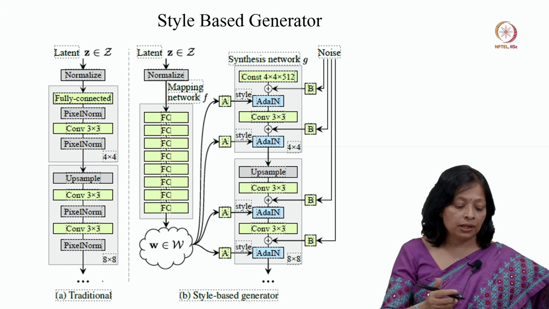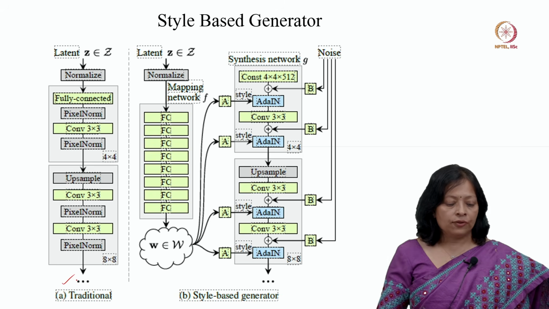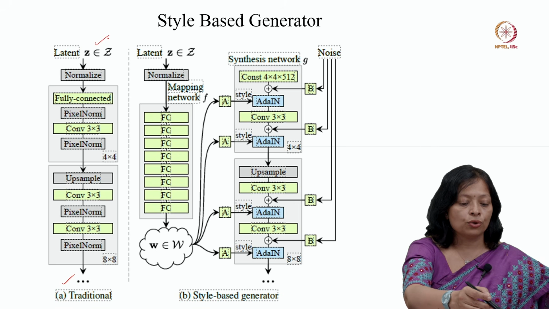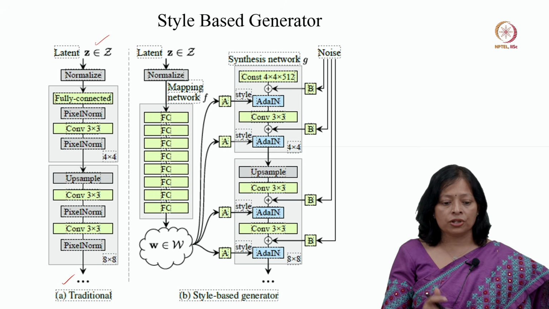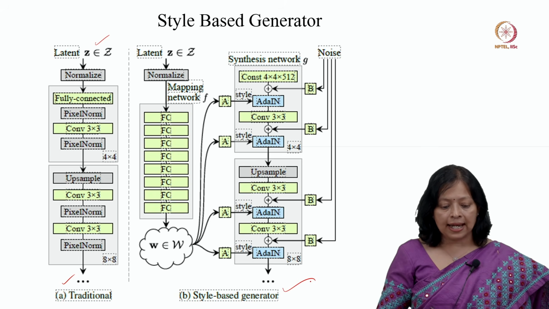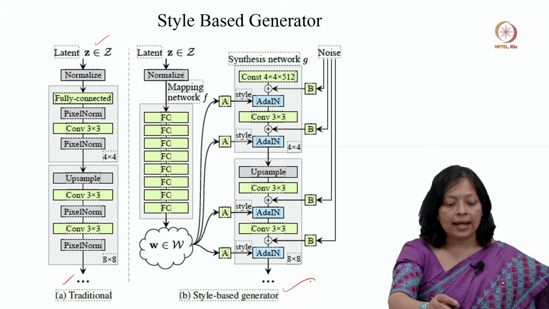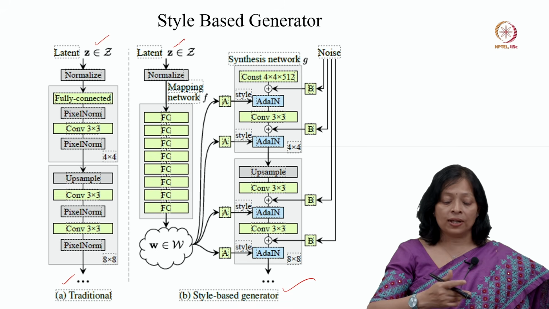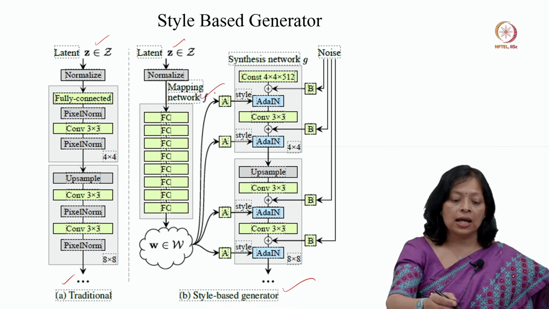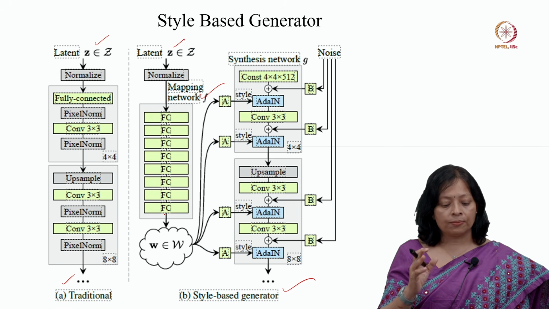This is the traditional one, where we have latent Z going into the fully connected layers and we get the image generation, whereas this is the style based generator, and you see the entangled latent space goes through the mapping network. The mapping network is 8 layers of fully connected multi-layer perceptron.